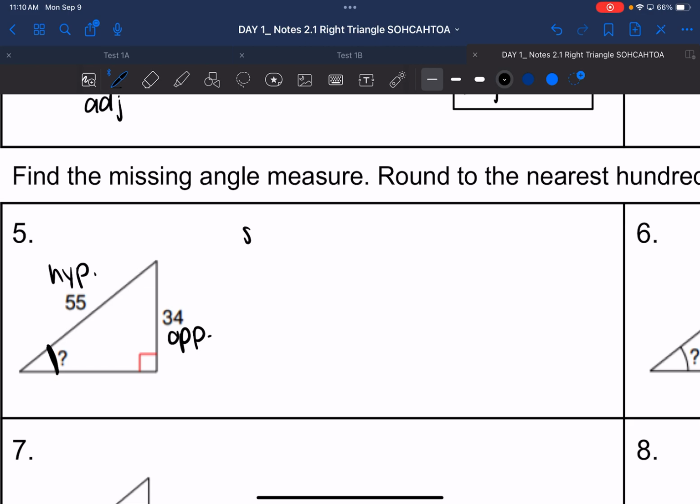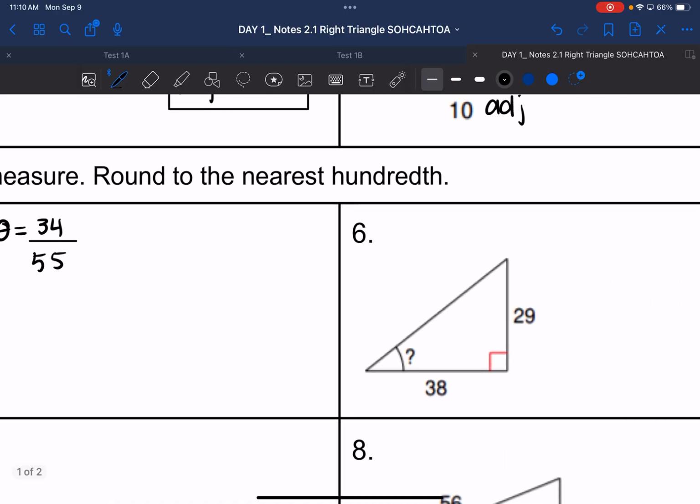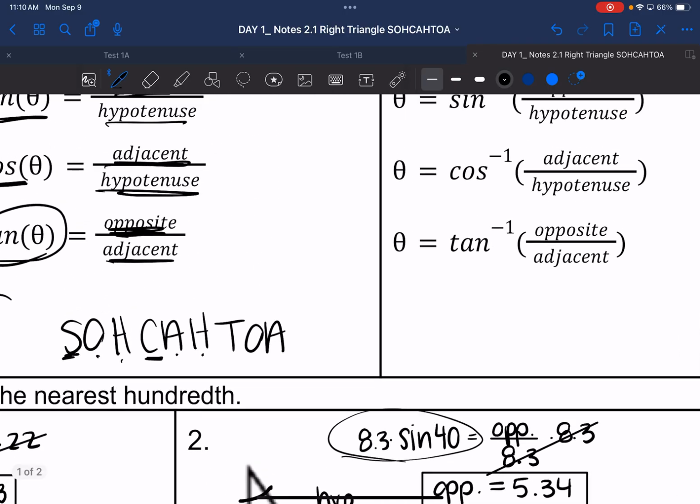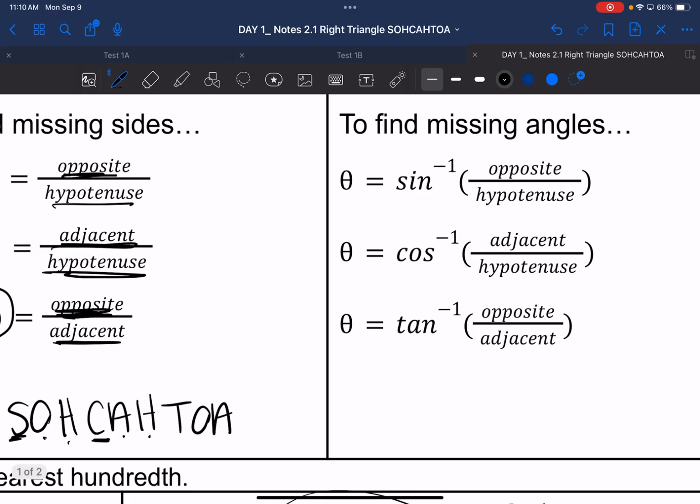Okay, so I'm going to have sine of theta, because it's an unknown, theta is just a variable like x, is equal to opposite, which was 34, over hypotenuse, which is 55. And then just like it said in the box up here, if you're wanting to get rid of sine, cosine, or tangent, you have to take the inverse of that function, all right?